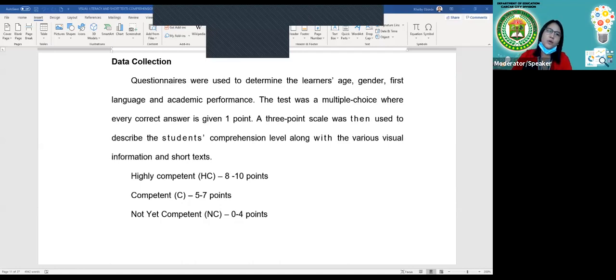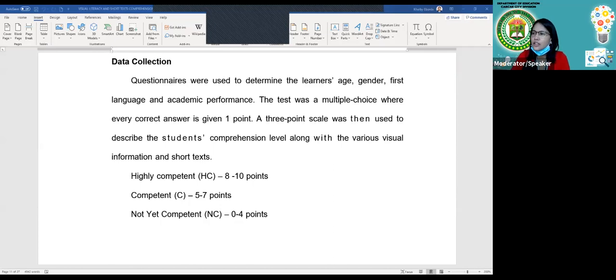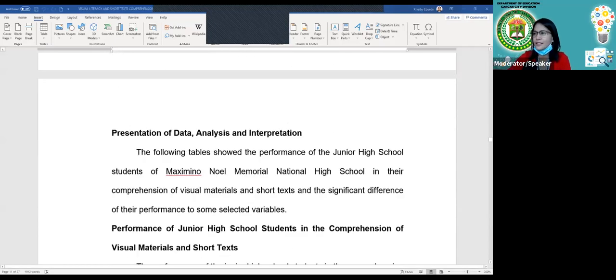Okay, that is just one example for data collection. So this study actually is an example of a quantitative study. I will show you a different data collection technique which I used in my qualitative study. Okay, can we have the other example?